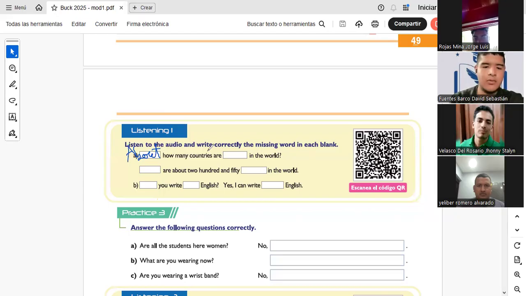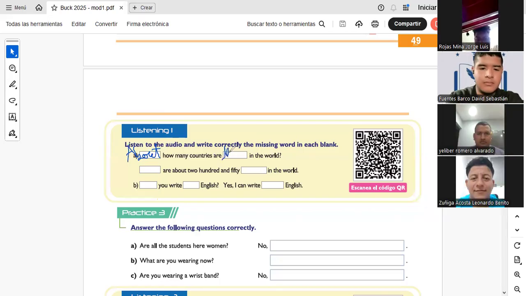Okay, so, Molly, about how many are there in the world? Exactly. How many countries are there in the world? That's correct. Okay, my next volunteer. Lower your hands. Jellybear, continue with the next one, sweetheart.